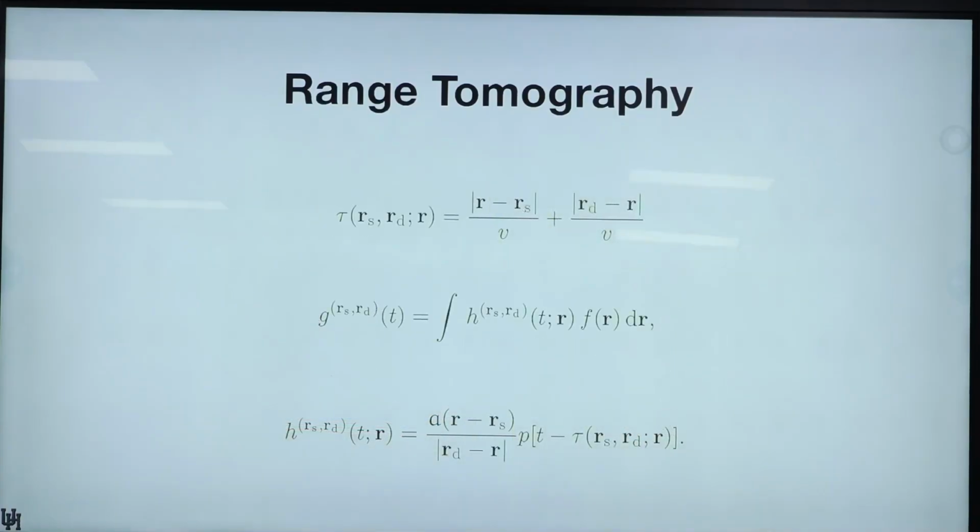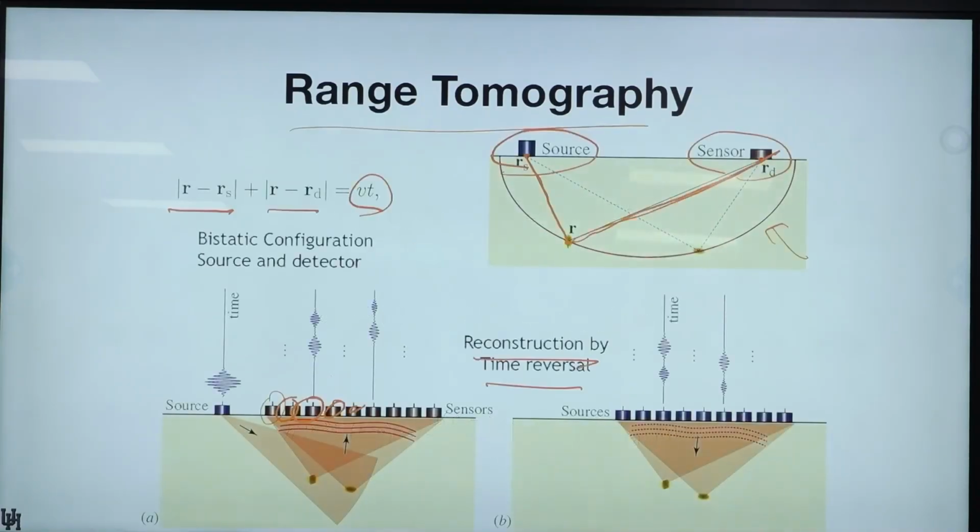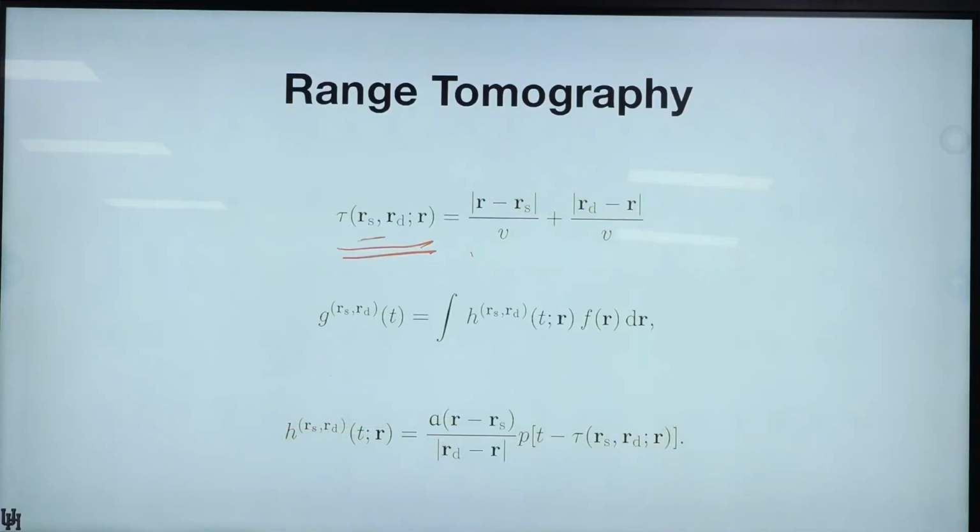In this case, you have R_S, which is the source, R_D, which is the detector, and there's a point R. If there's a point scatterer at the location R, the time it takes from R_S to R_D is the time to go from the source to R, which is |R minus R_S| divided by the speed, plus the time it takes to go back to the detector.